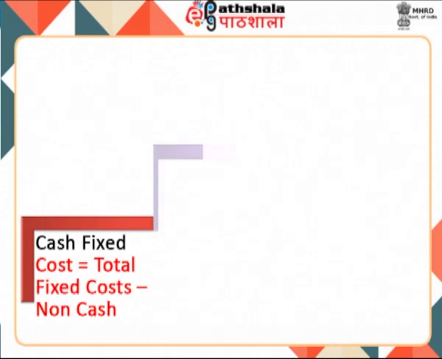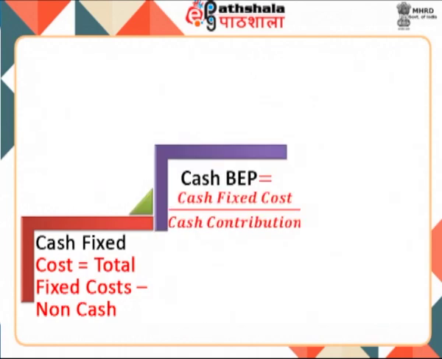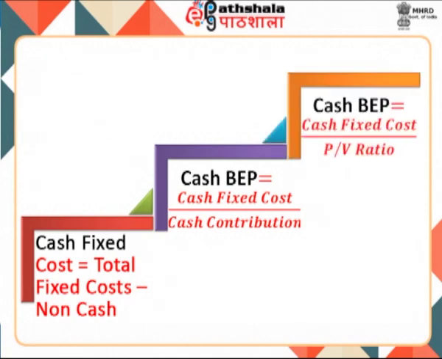Step 2. Cash break-even point in unit can be calculated by dividing cash fixed cost by cash contribution per unit. Step 3. Cash break-even point in value can be calculated by dividing cash fixed cost by PV ratio. Let us see how cash break-even point is calculated with the help of an example.